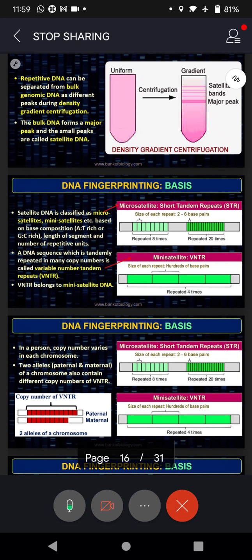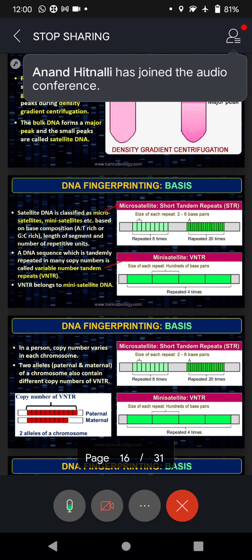Which one is more present as nitrogenous base, adenine thymine or cytosine guanine? And based on the length of the segment and the number of repeated units. So a DNA sequence which is randomly repeated in many copy numbers is called VNTRs. VNTR belongs to mini satellite DNA.